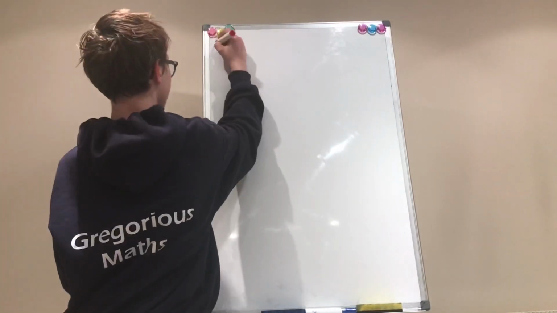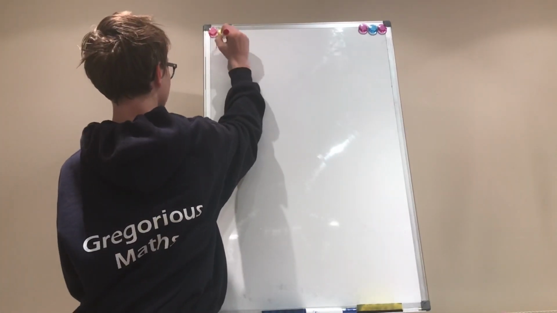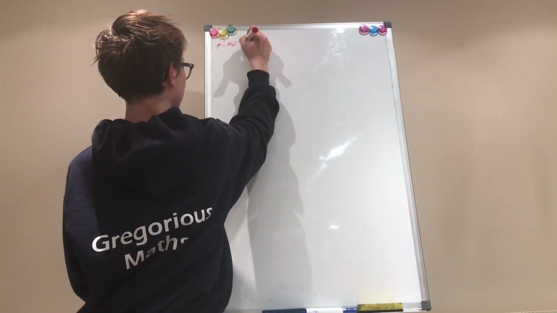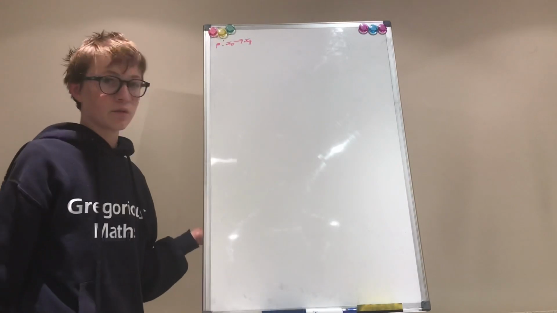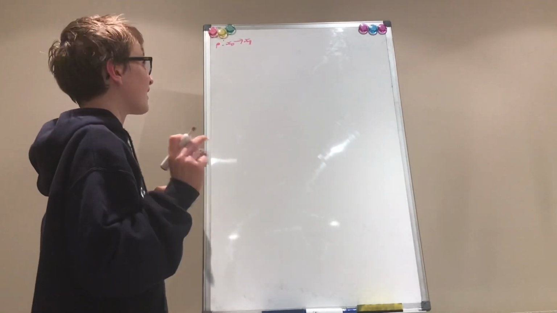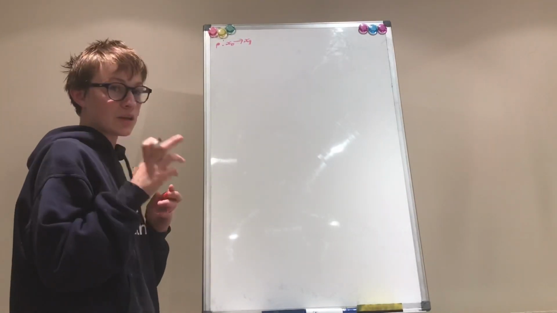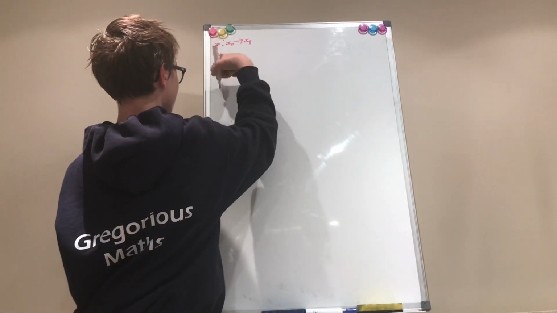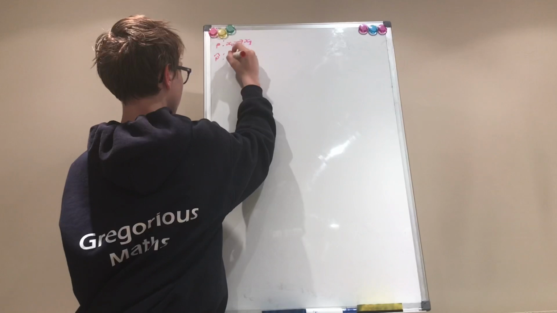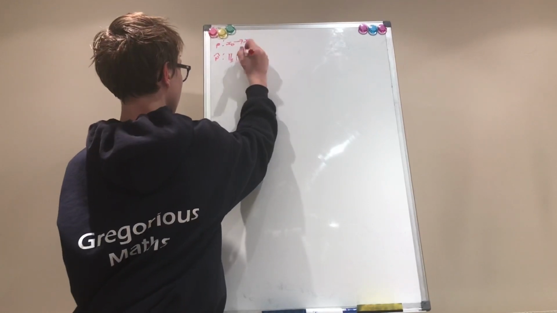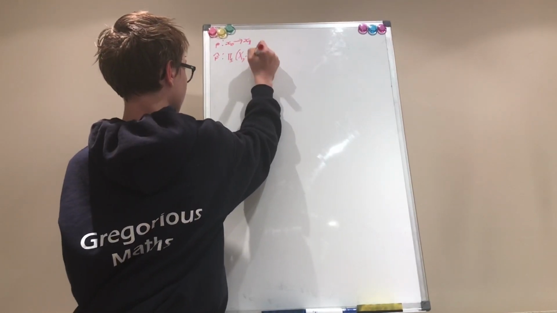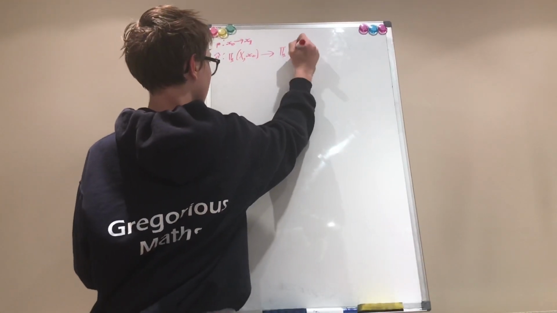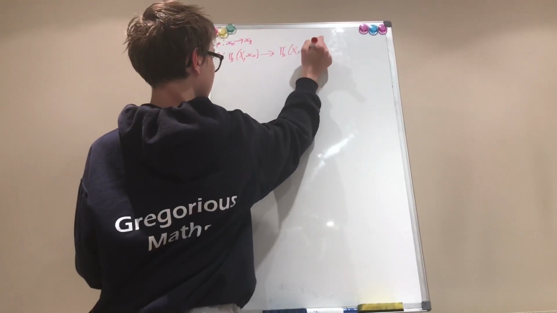So if we let H be a path that takes you from x0 to x1, this H induces an isomorphism H hat, which takes you from the fundamental group of X based at x0 into the fundamental group of X at x1.